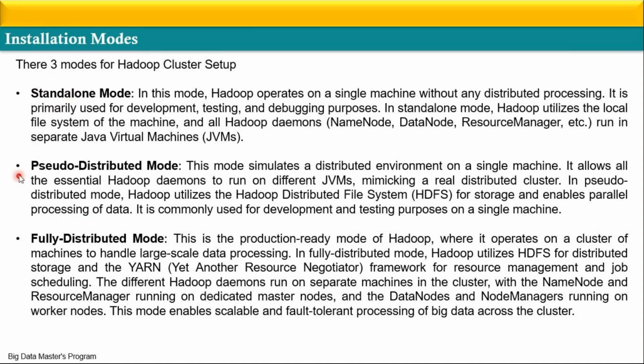Pseudo distributed is on a single machine, but distributed computing will be there, and it is good for learning. Fully distributed mode has multiple nodes, and that is the actual production environment. As an example, Facebook has almost 1000 nodes in its cluster, working for day-to-day operations. So standalone, pseudo distributed, and fully distributed, these are the three modes.